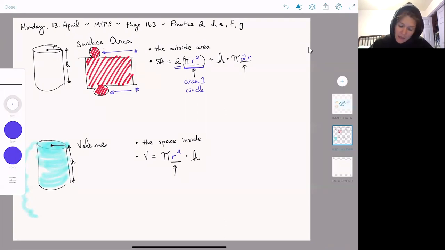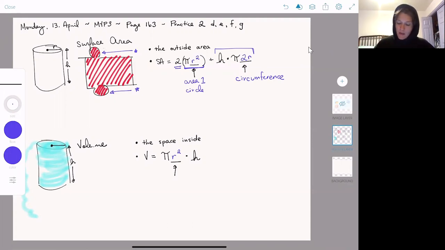Now here with this second part, this is like the body of the cylinder. And remember that this pi 2r, this is how we measure circumference, or the distance around the exterior of the circle.